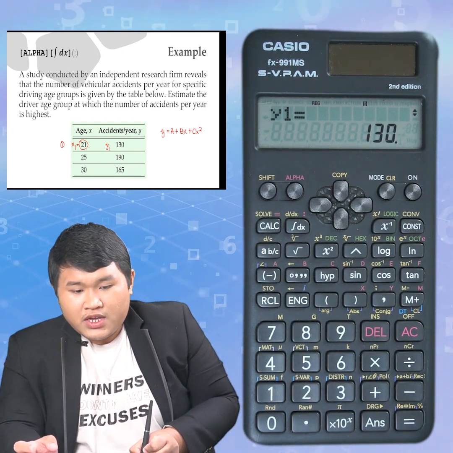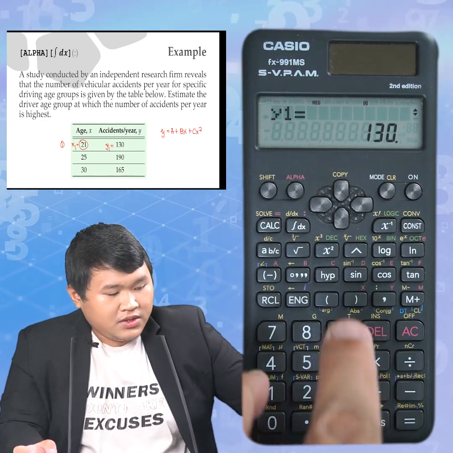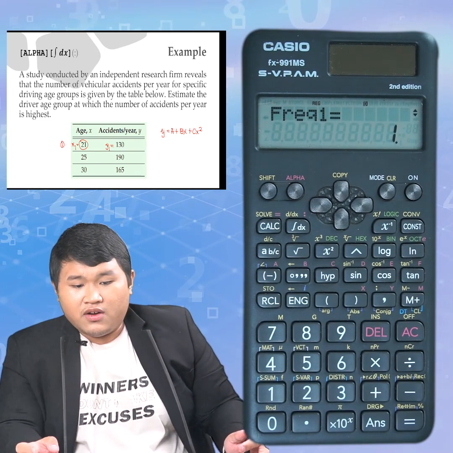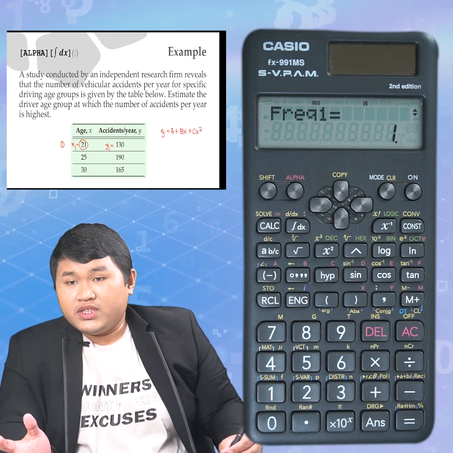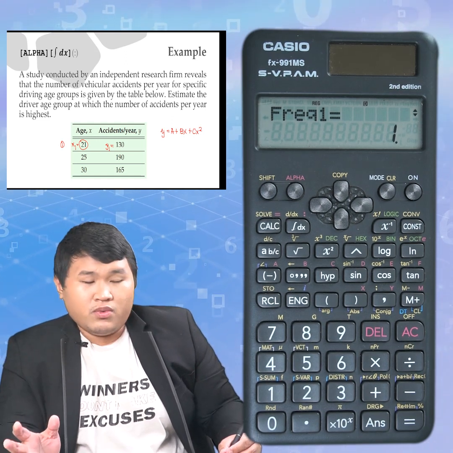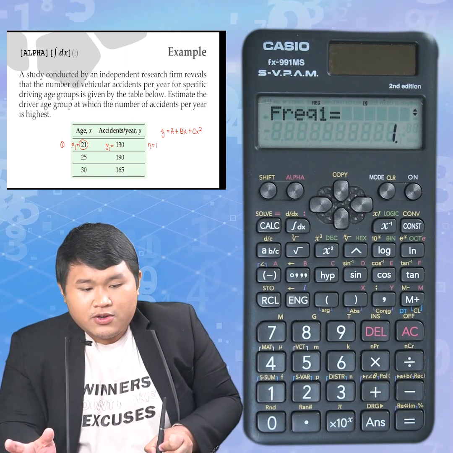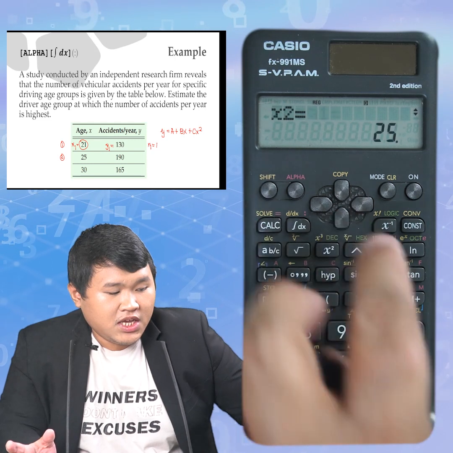So Y1 equals 130. And then if we press down, we will be shown the frequency of the first data value. In this case it is 1 because there is no frequency inputted. So it defaults to 1. N1 is 1.